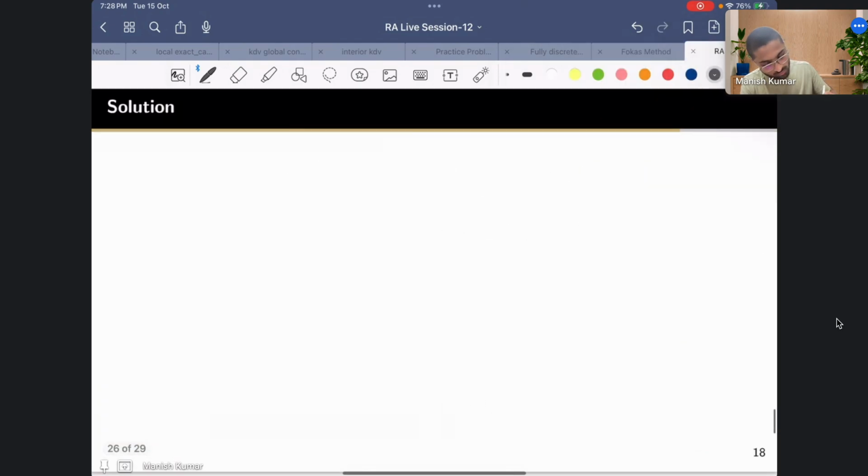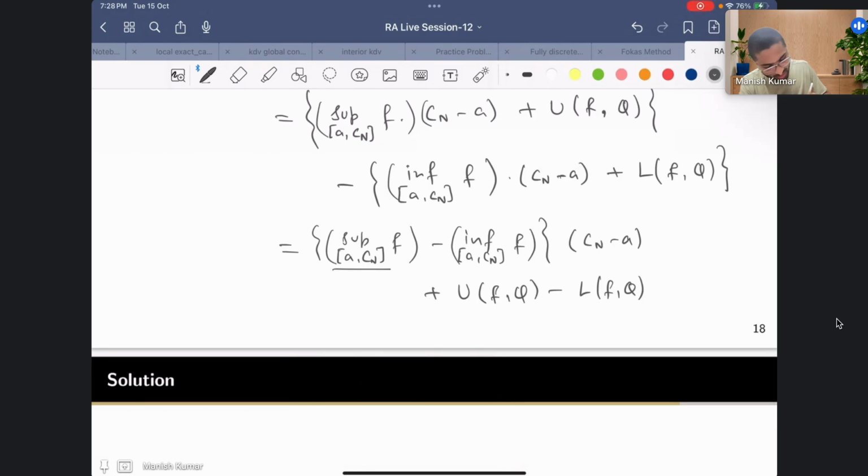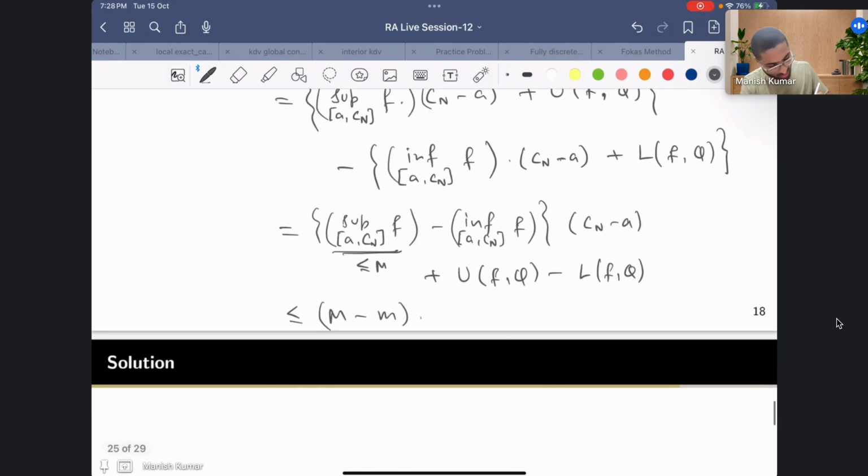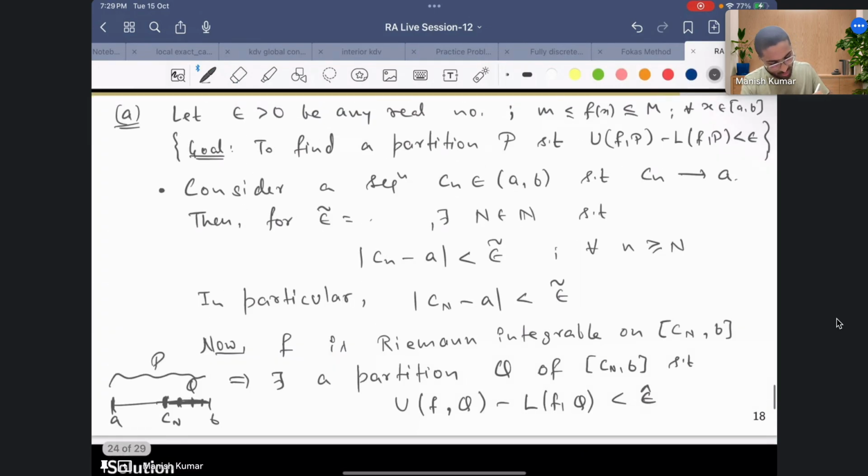Okay, now as I was saying, this supremum can be bounded by M, and this minus of infimum can be bounded by minus of m. So I can write this as M minus m times Cn minus A. Okay, so Cn minus A is in my hand, so I have chosen, you remember from here that Cn minus A is less than epsilon tilde.